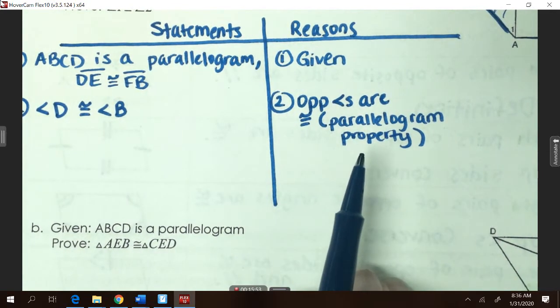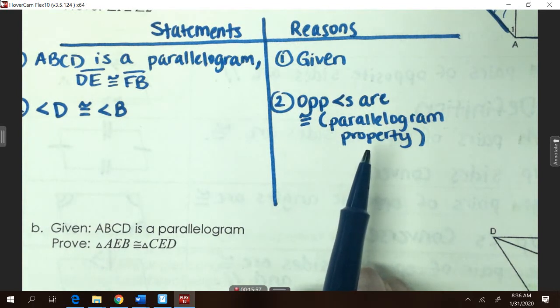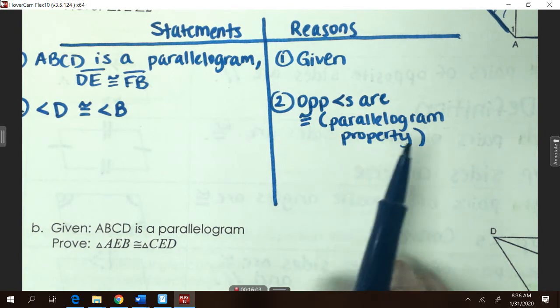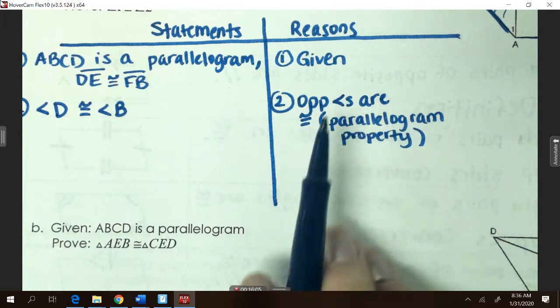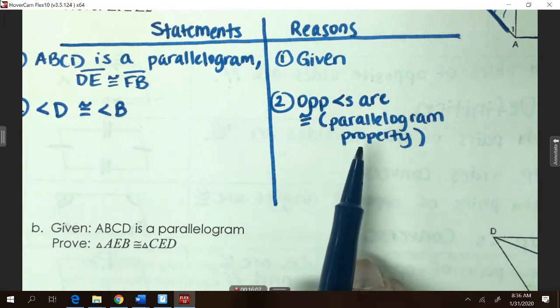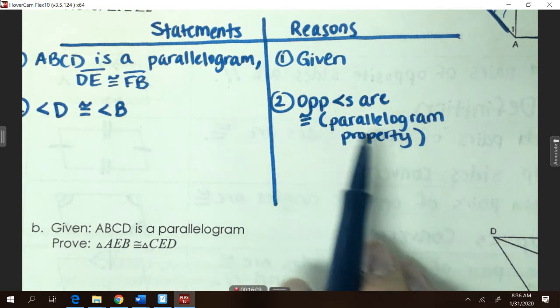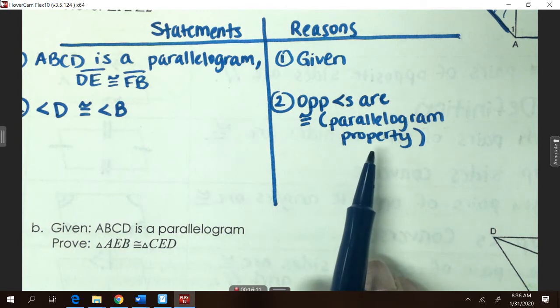Or you could just say what the theorem is. So we had said that that was the parallelogram opposite angles converse. Okay, you could use that as well. But like I said, I'm not expecting you to pull that parallelogram opposite angles converse just out of your head. So if you just want to explain that it's a parallelogram property, that's sufficient. Okay.